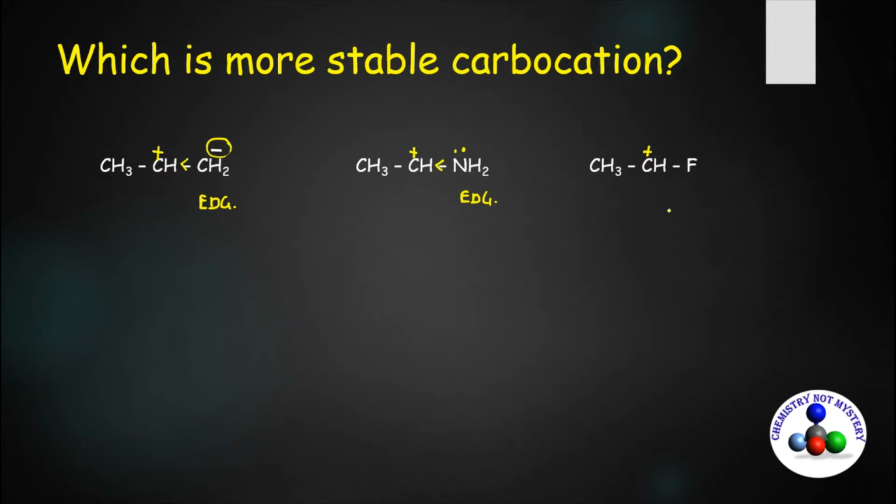But its donating ability is lesser than that of CH2 negative. Here, fluorine also has lone pairs of electrons, but it is the most electronegative element, so it will withdraw electron density from the carbocation. So the first one will be the most stable carbocation, then the second, and the third will be the least stable one.